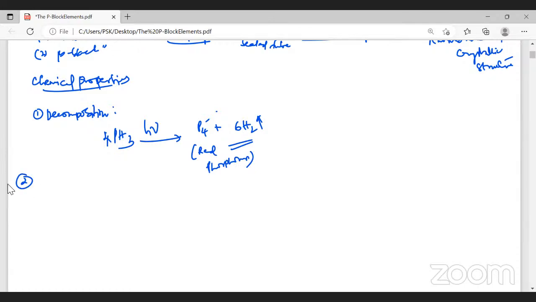The second one is formation of metal phosphides.